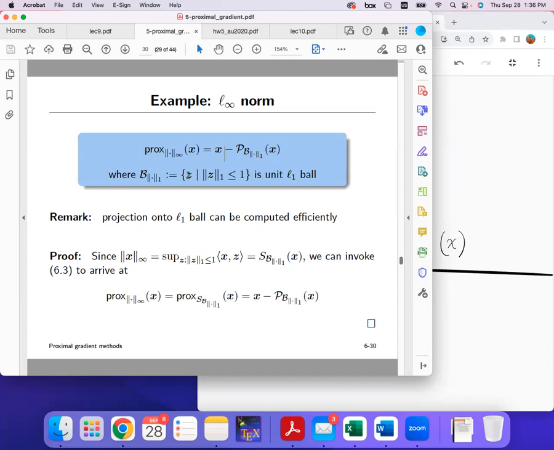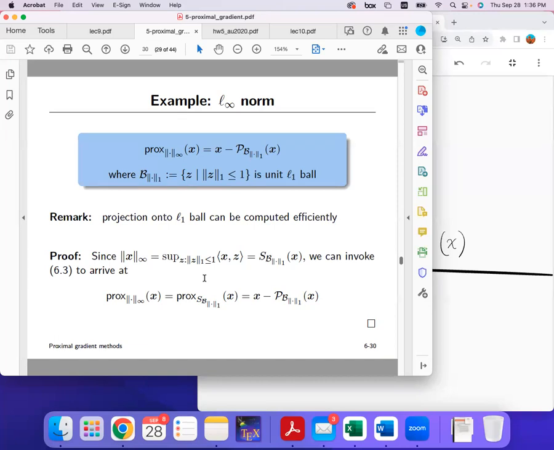And to prove this equation, we observe that the L infinity norm has such a variational form. This is by the duality between L1 and L infinity. Right?